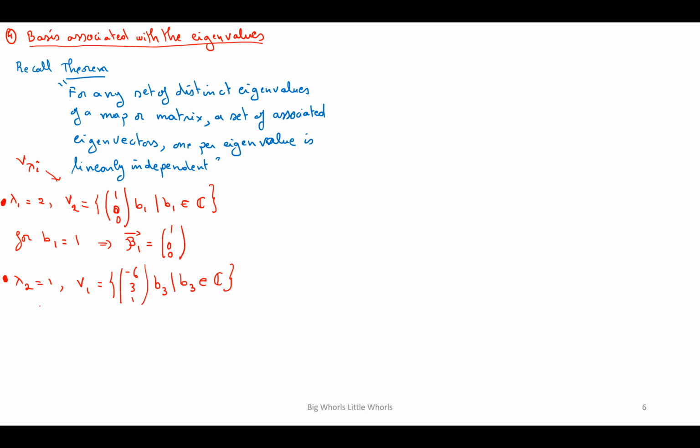Okay, so here as well, I'm going to pick b3 equal to 1. I'm going to have my second basis vector b2 equal to (-6, 3, 1).